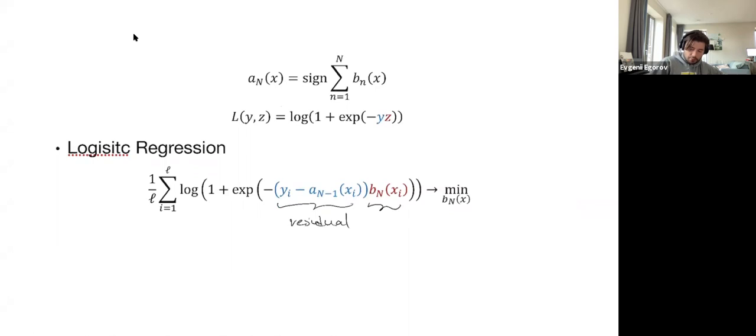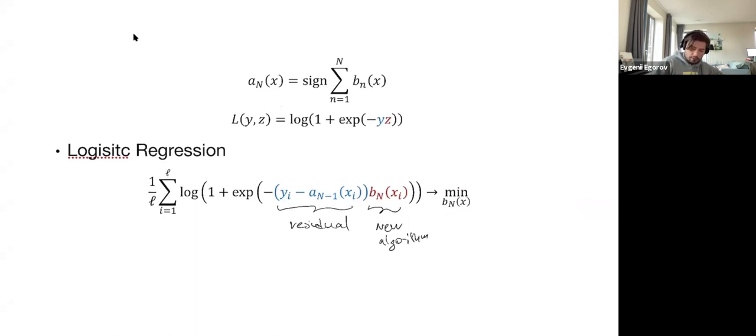So this is the output of our new algorithm, and this is our loss, and this is our rule for output, because in classification we assume that our target labels are -1, 1.